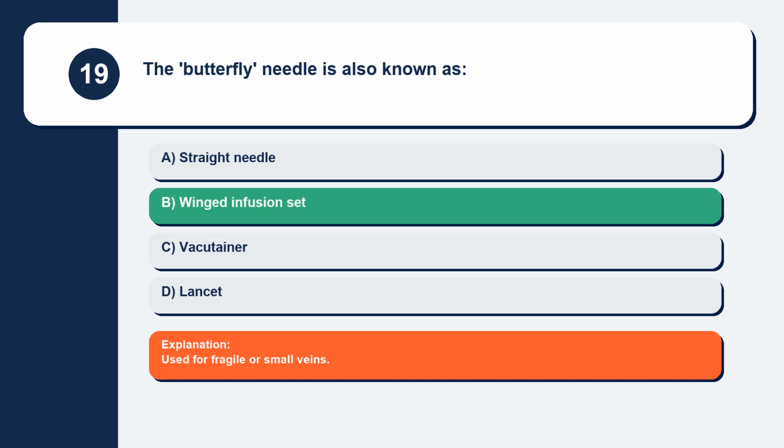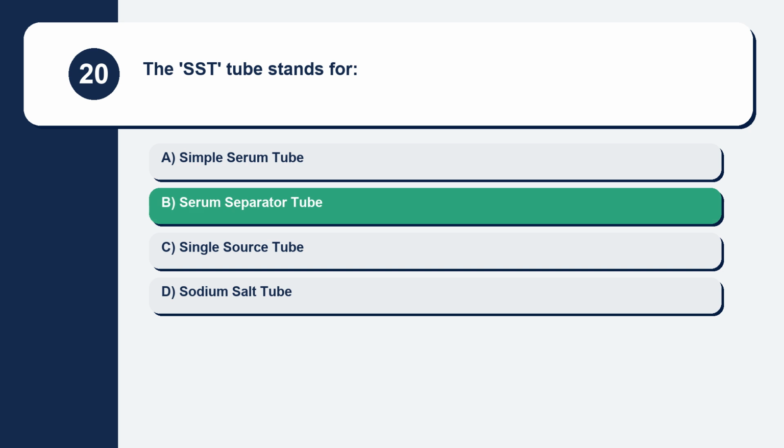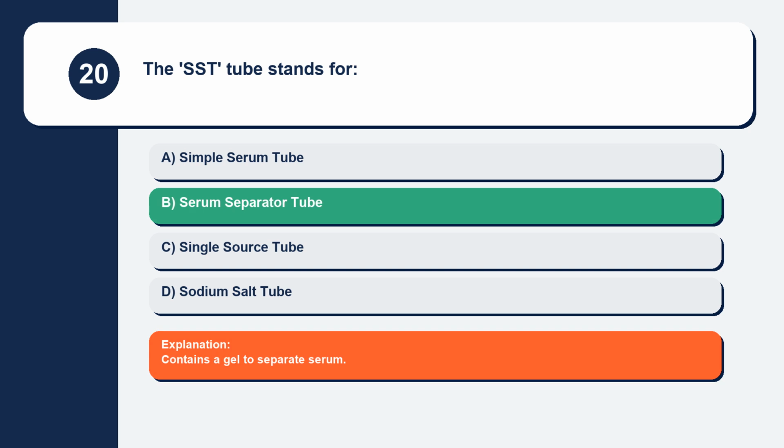Used for fragile or small veins. Question 20. The SST tube stands for simple serum tube, serum separator tube, single source tube, sodium salt tube. Contains a gel to separate serum.